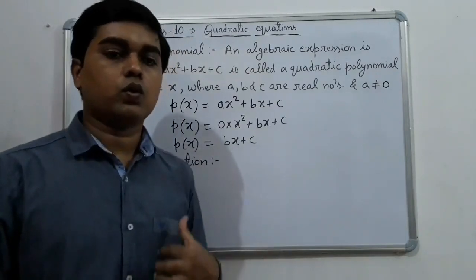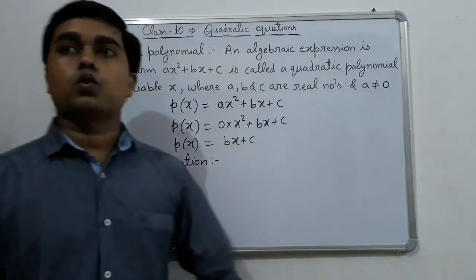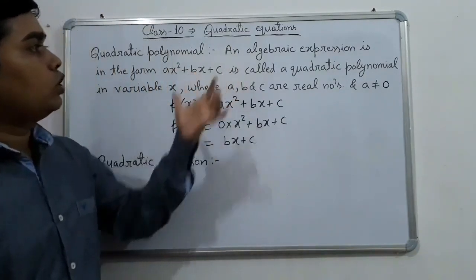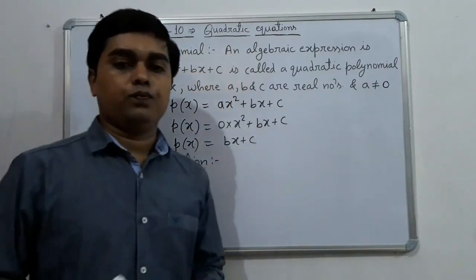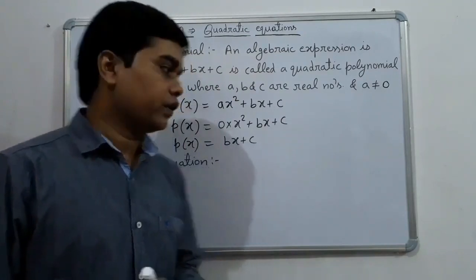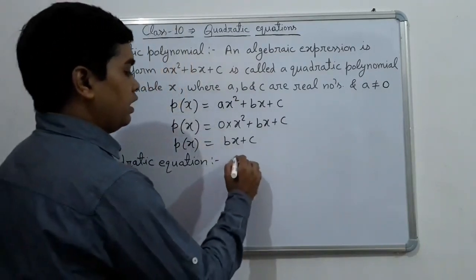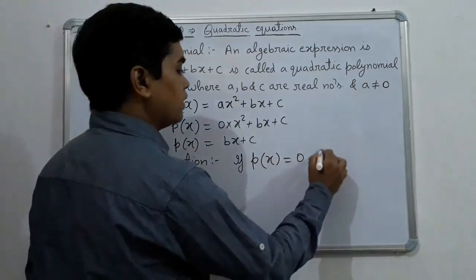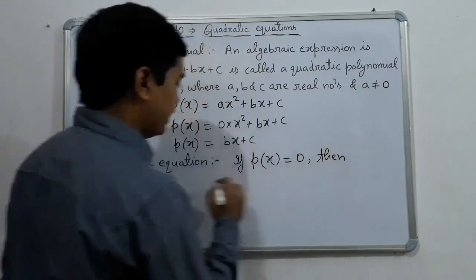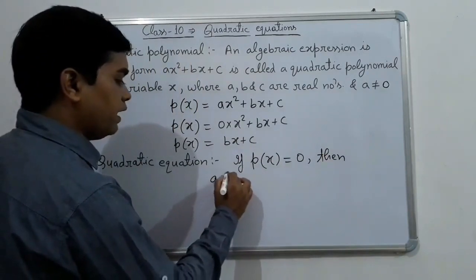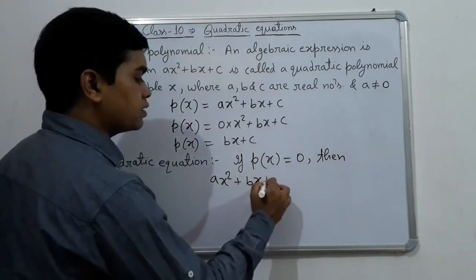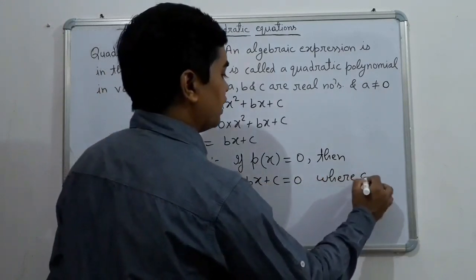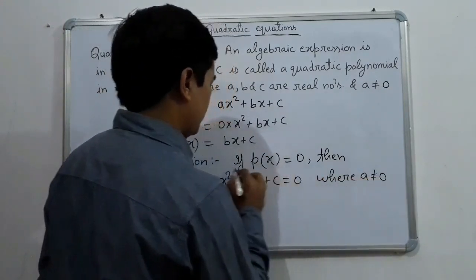Okay children, now quadratic equation. So what is quadratic equation? When a quadratic polynomial is equated to 0, we will get a quadratic equation. Means if p(x) is equal to 0, then we will get ax square plus bx plus c is equal to 0, where a should not equal to 0.